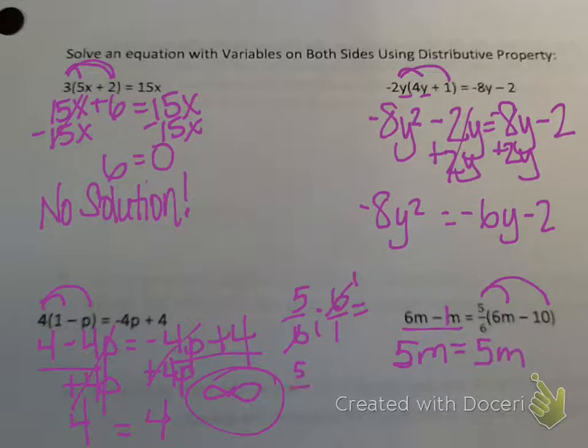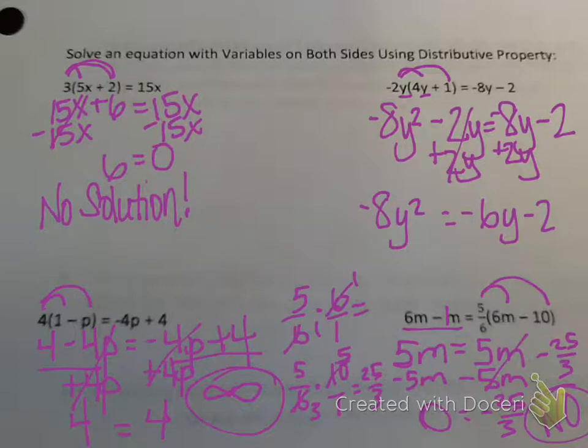And 5/6 times 10 would be 25/3. So I'd subtract 5m. And I have 0 equals negative 25/3. So again, there's no solution.